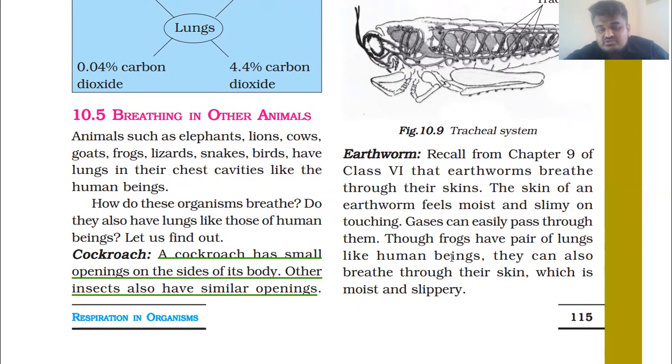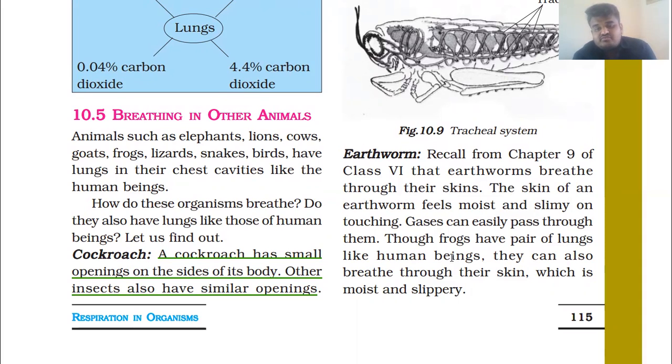Though frogs have a pair of lungs like human beings, a few years ago frogs were used in dissection in medical lines, and this is because all the structures of frogs are quite similar to those of human beings.